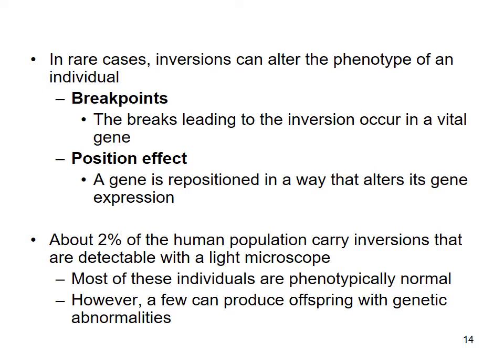About 2% of the human population will have some inversions that you can see through the use of a simple G staining and a light microscope. The majority of these people will be normal, quote unquote, from a phenotypical aspect. However, some of them, when it comes to producing offspring, their gametes tend to have some issues which can lead to some abnormalities.